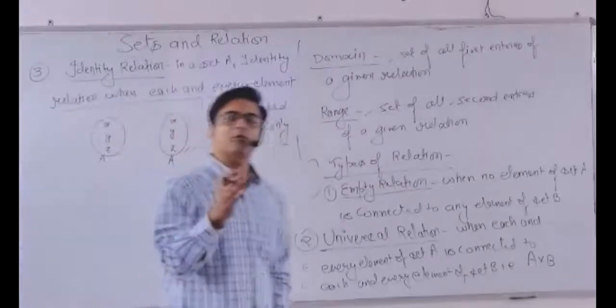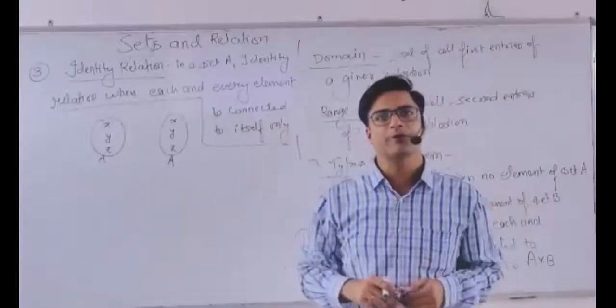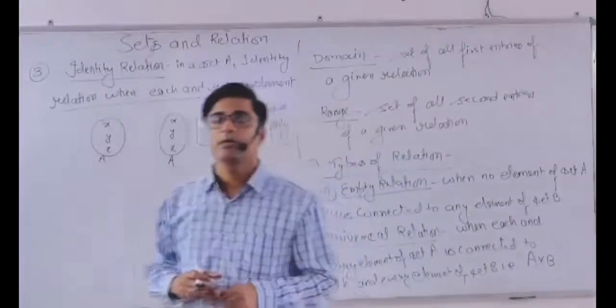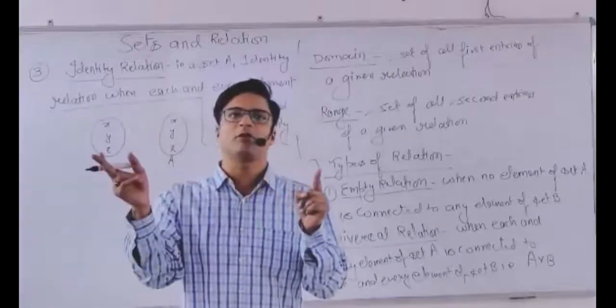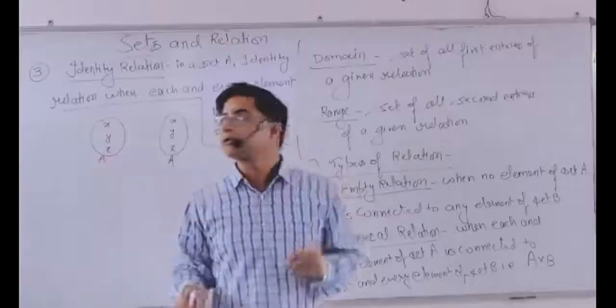That means we are talking about a relation from same set to same set. Okay. Now, how are they connected? If you are taking one element, then it can be connected with itself only, it cannot be connected with any other element. Understand what it is saying?